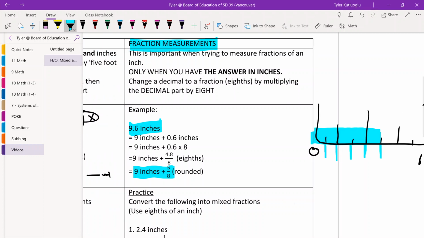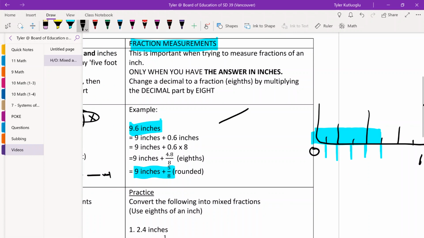All right, so let's go through the process in this first example up at the top. We started with 9.6. We split it into the 9 whole inches and that 0.6. I'm going to take that 0.6 and multiply it by 8. The reason we multiply by 8 is because we want to find out how many eighths there are. When I did times 8, I got 4.8. We don't just write 4.8, because that would be bigger.